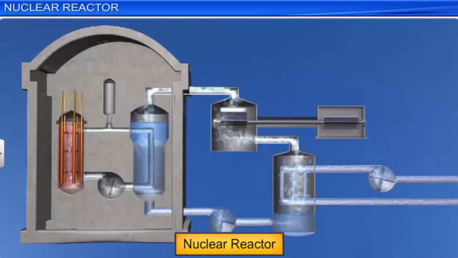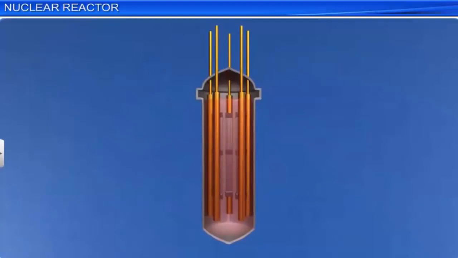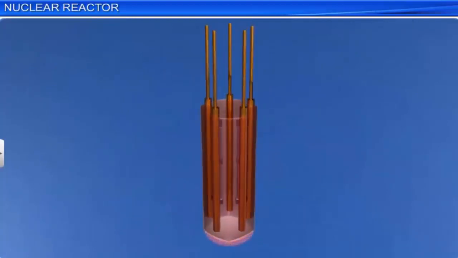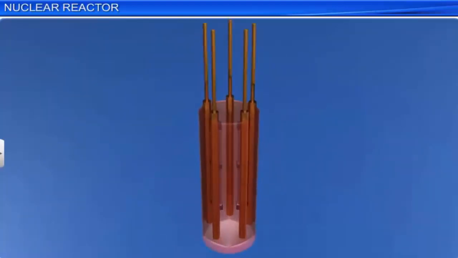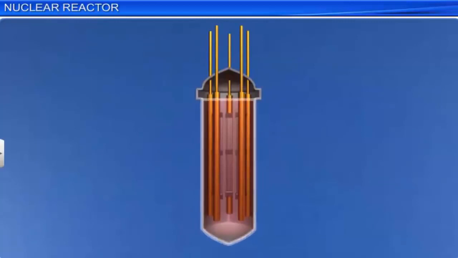A nuclear reactor is a device in which a steadily controlled fission reaction takes place. Let us now study the design and working of a nuclear reactor with uranium as the fissionable material. Uranium is taken in the form of cylindrical rods. These rods are arranged in a regular pattern within the active reactor core. The volume of the core is filled with a light nuclei material like water, heavy water or graphite, which are called moderators.